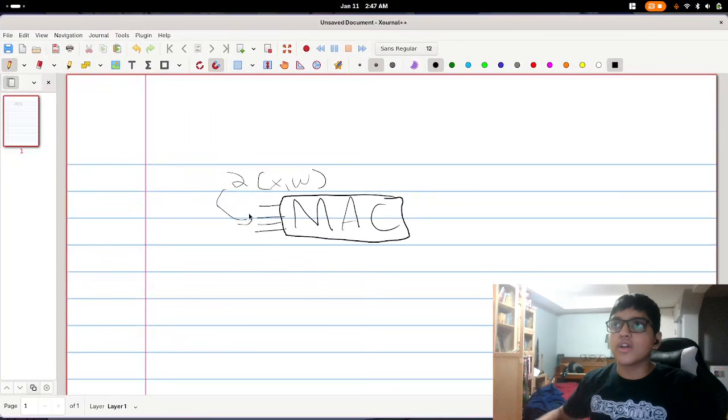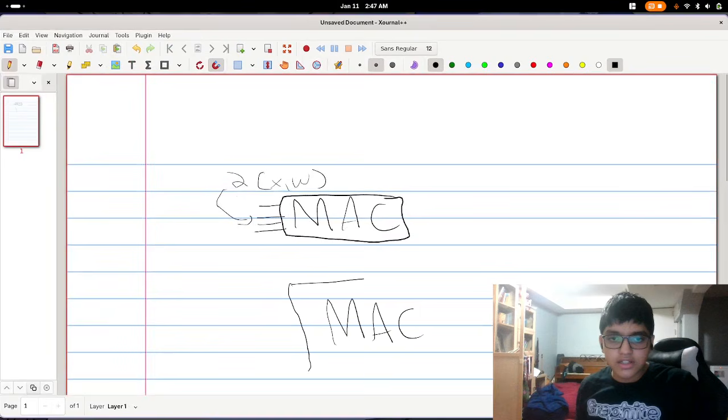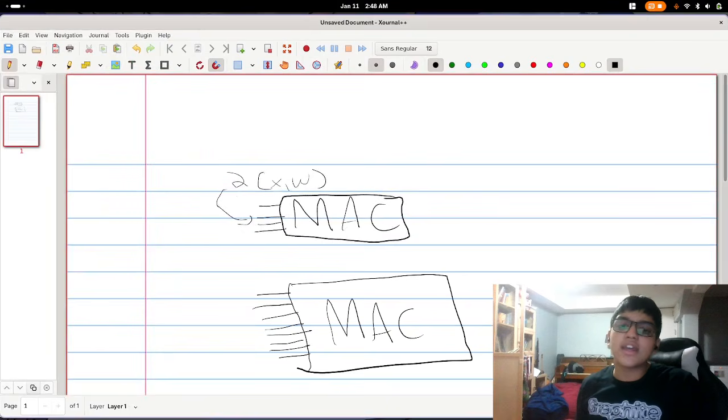I don't want to draw 64 wires, so it's implied that these are 16 wires each. In the default one, because this has two XY pairs, it would be MAC with 8: 1, 2, 3, 4, 5, 6, 7, 8 input wires. These are our inputs right here.